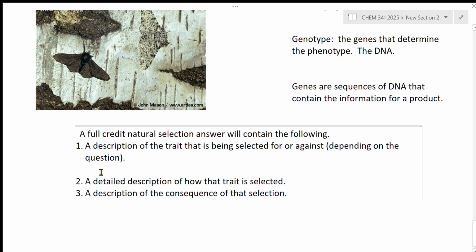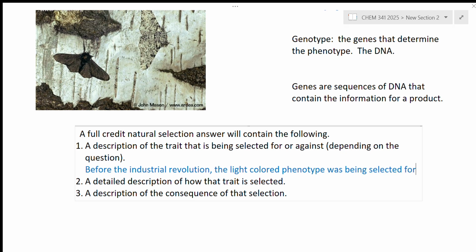So the trait that's being selected, in the case of the picture we have: before the Industrial Revolution, the light colored phenotype was being selected for. Better to have the light colored phenotype.